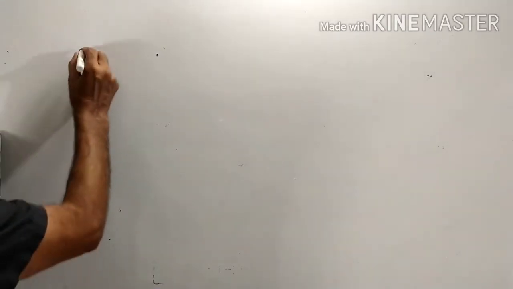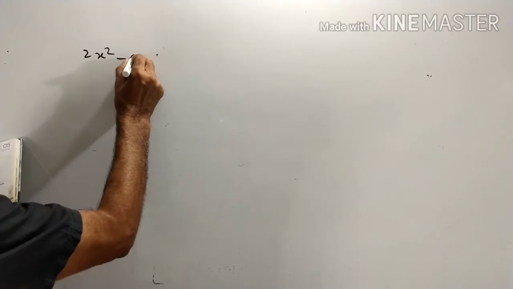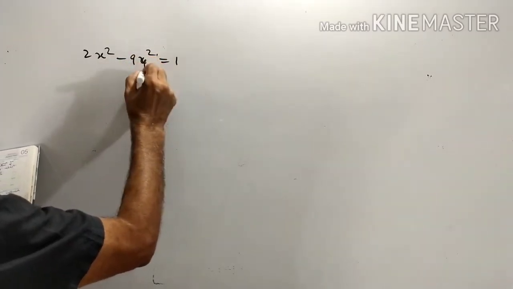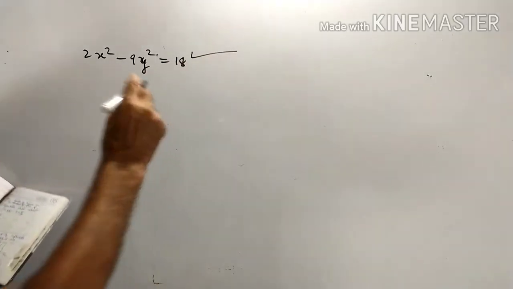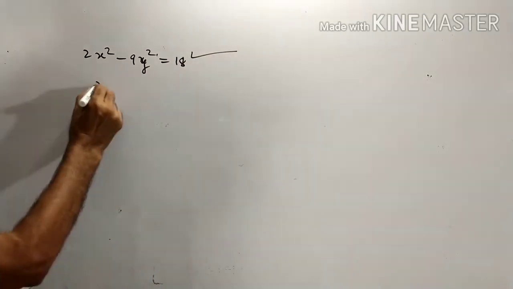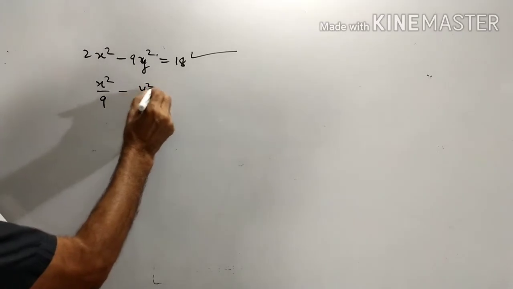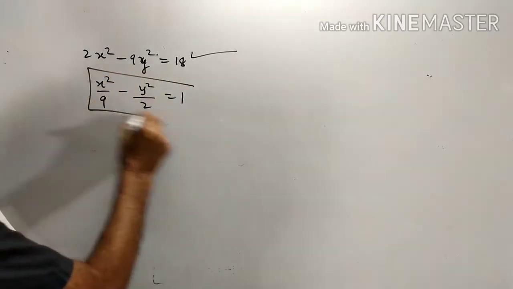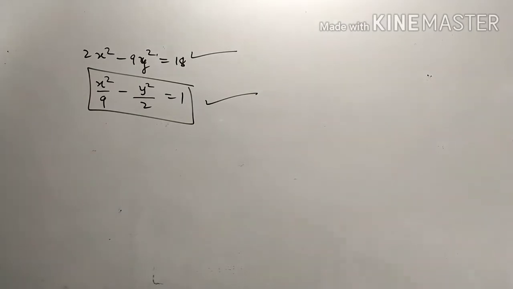They ask a very simple question in one of the NDA exams, just to see whether an equation is an ellipse or a hyperbola. Suppose he gives 9x squared minus 16y squared equal to 144, and asks what this represents: ellipse, hyperbola, or parabola? Very simply, this is equal to 1, so this represents a hyperbola.